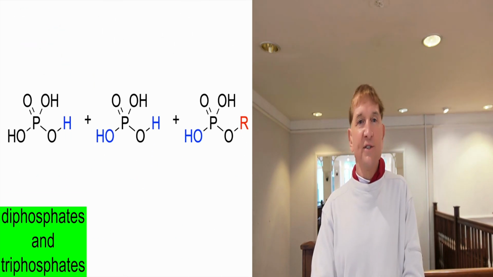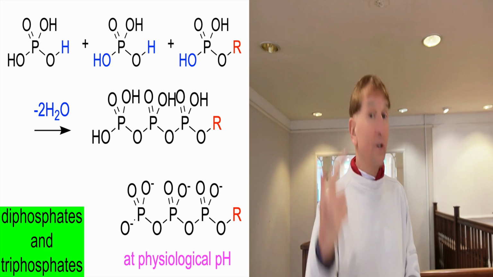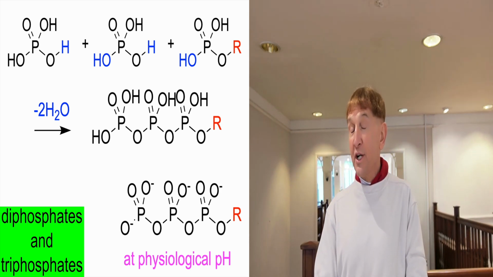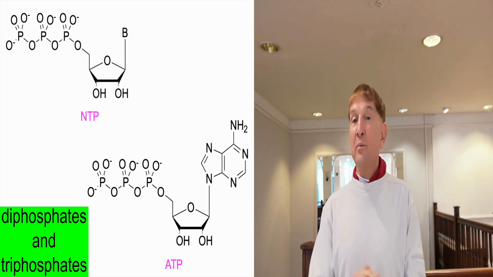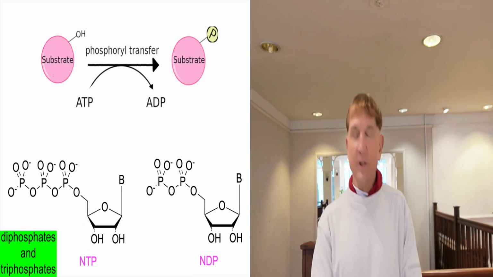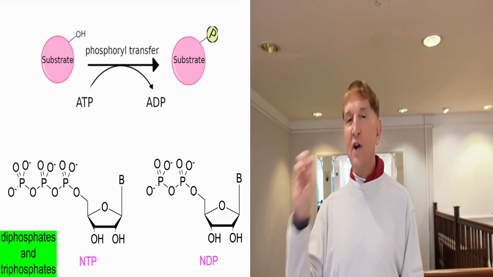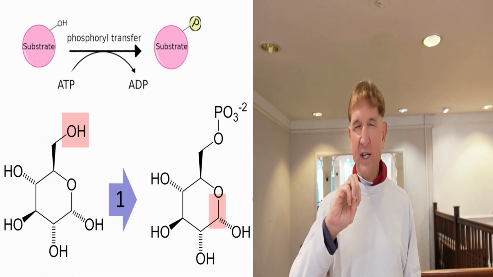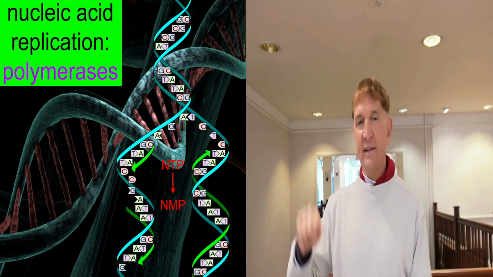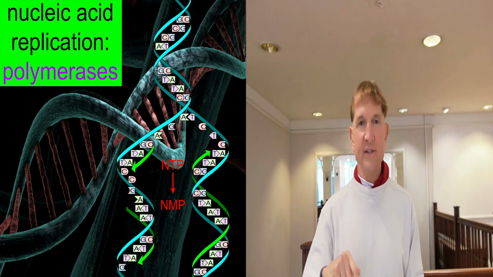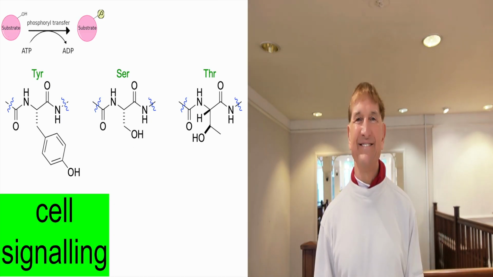And those applications include, as I said, shikimic acid pathway in plants, glycolysis for energy production, replication of DNA by DNA polymerases, production of RNA by other polymerases, and cell signaling involving transfer of phosphorus to proteins, causing them to interact in different ways, ultimately giving signals to the nucleus directing the cell to divide, grow, or die.